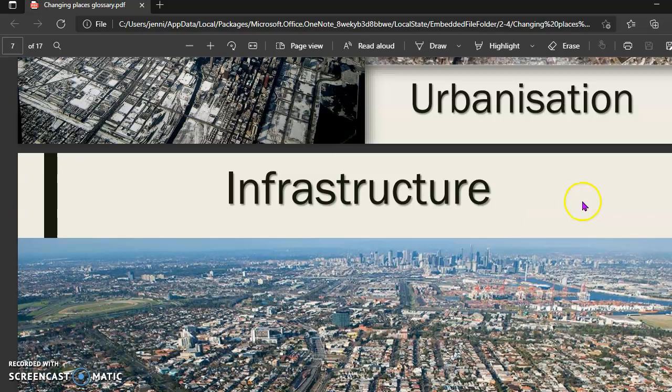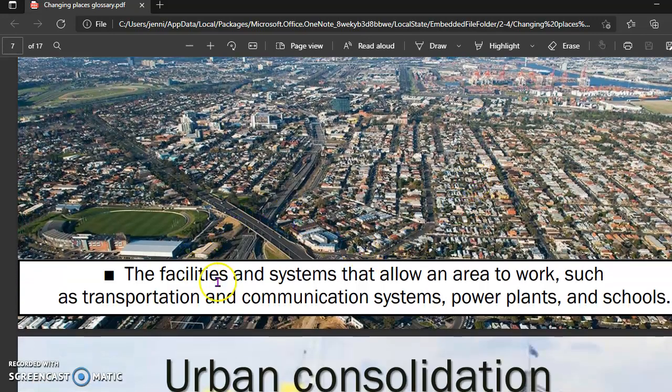Okay, infrastructure. This is linked to urbanization. Basically, infrastructure refers to the facilities and the systems that allow an area to work, that allow society to continue from day to day. That includes many things. That can be transportation, so public transport, roads, communication systems, so access to the internet.